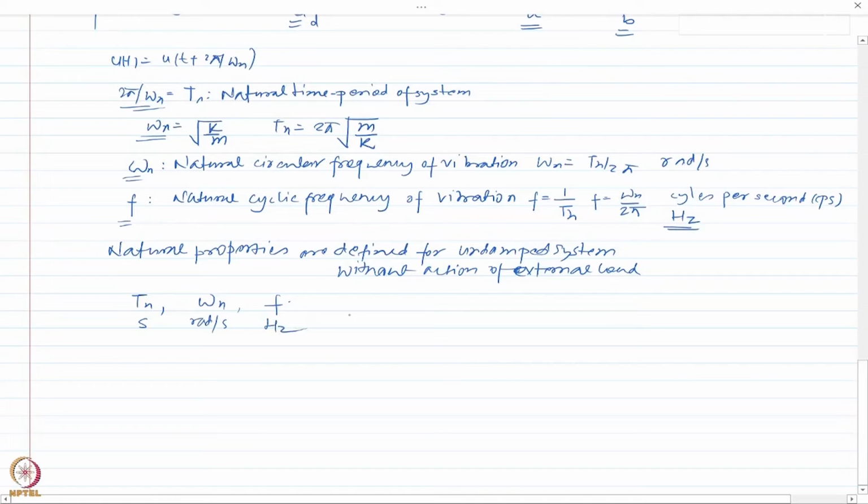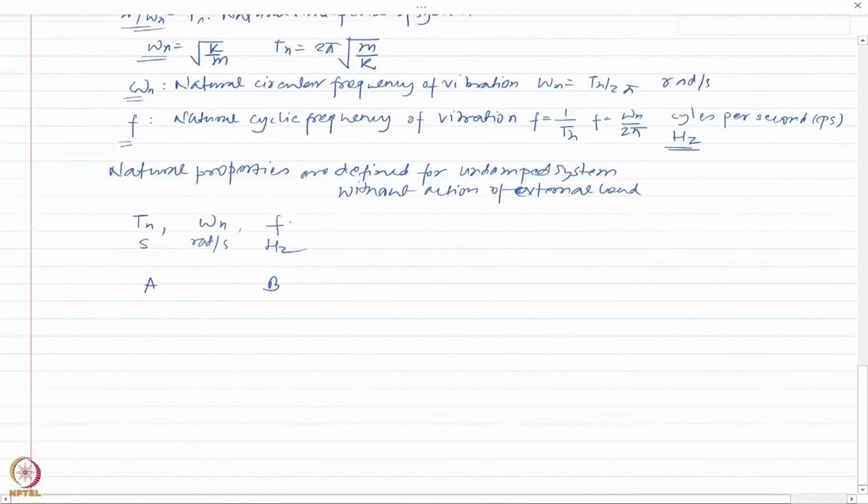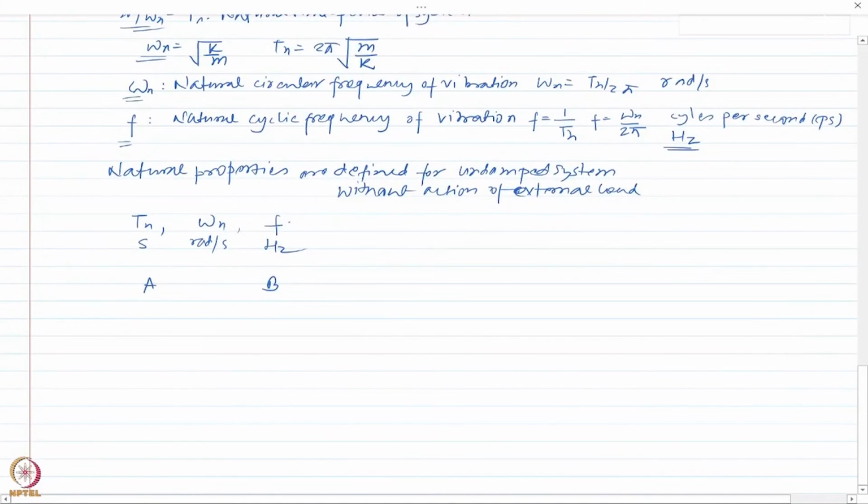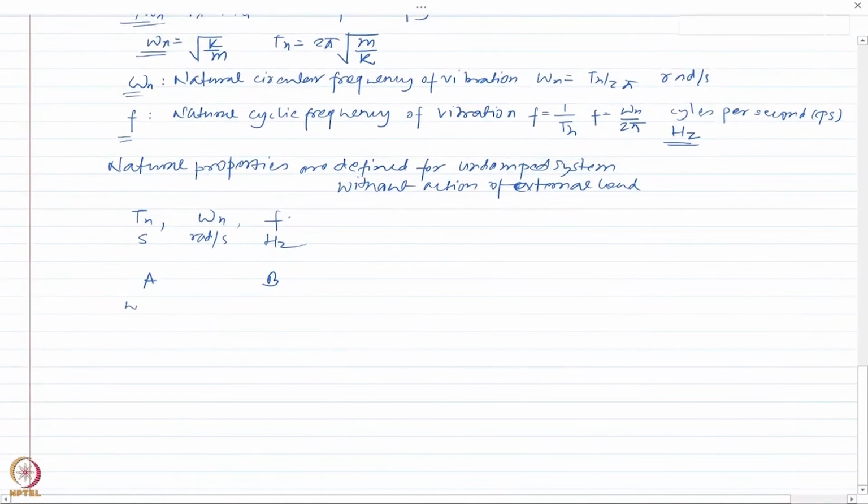Now what do you think if I have two systems, a system A and a system B? If I'm saying that system A has very high frequency, of course, this would be in comparison with system B here.